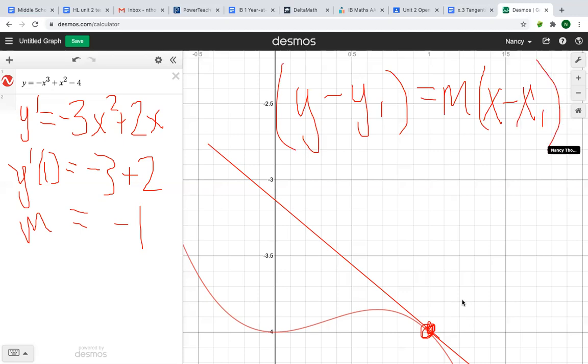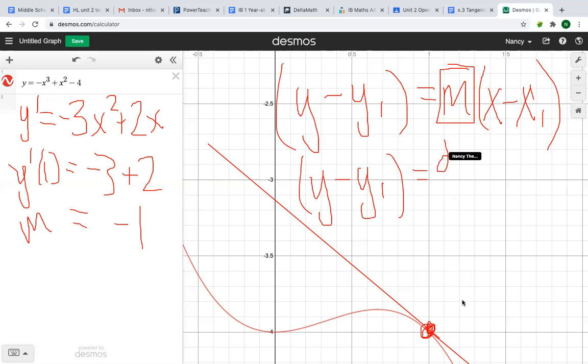This is the point slope form. Now the only difference is that instead of m, we're going to put in our derivative. So it is y minus y1 is equal to dy dx times x minus x1. Okay?